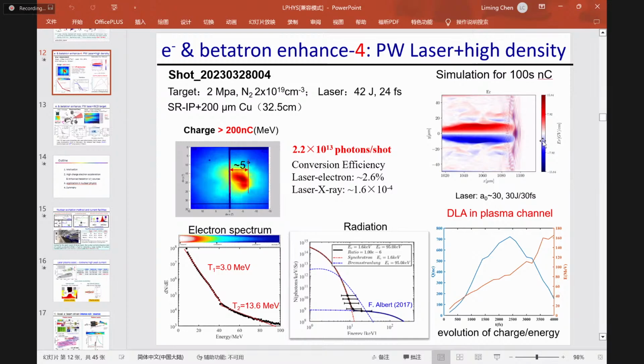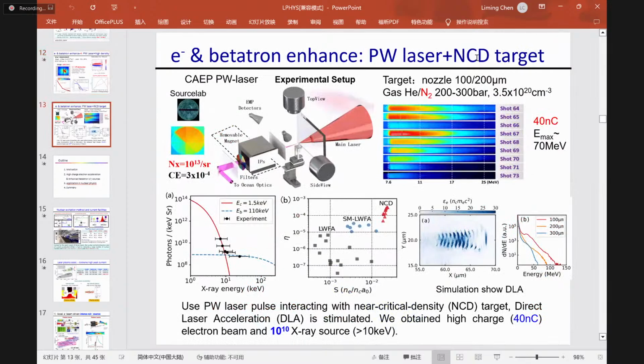Continuously increasing the conversion efficiency is limited. Actually, right now it's limited by the laser power. If we use several petawatt lasers, I mean, we focus the laser to an even higher intensity, and maybe choose a near-critical density target.